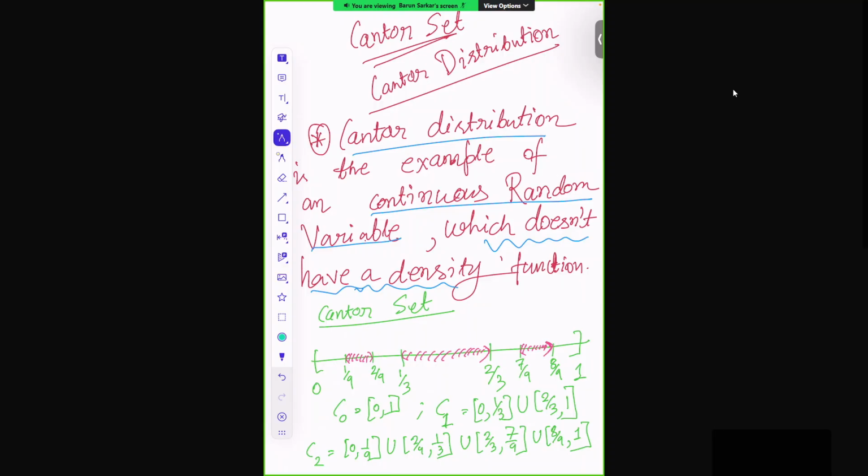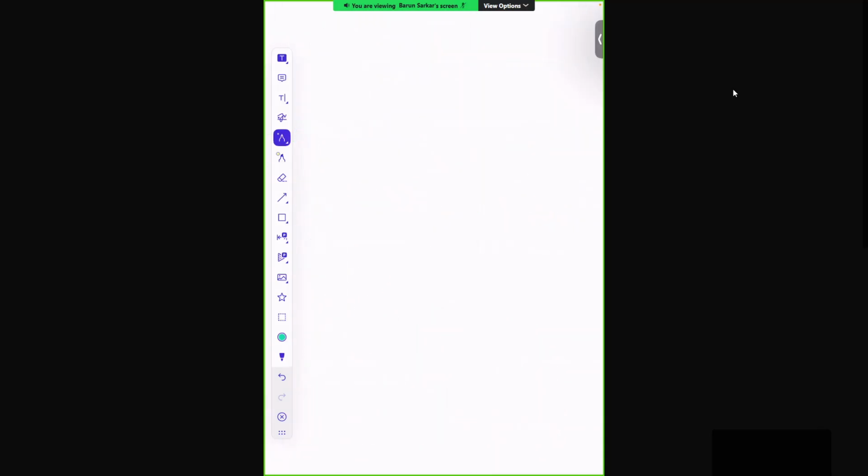So in a sense, you can write Cn as [0, 1/3 to the power n].